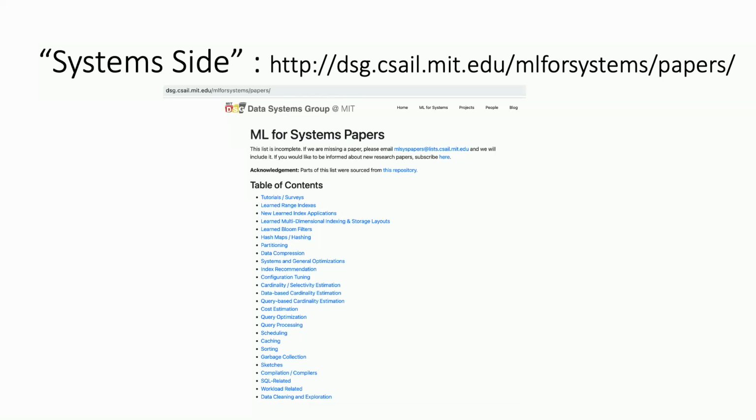So Tim Kraska's group has a website with listings of ML algorithms for systems papers that is also relevant. Okay. Any questions about this before I go on?